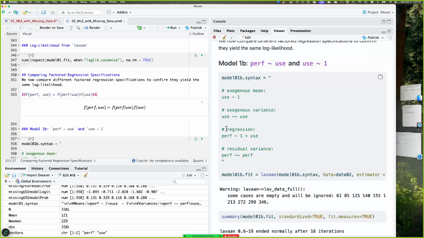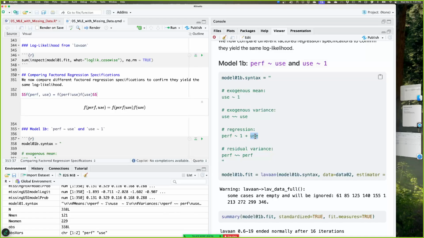Next, we need to specify the regression, the conditional distribution of performance given usefulness. And we do that within R-like syntax. Performance tilde 1 plus usefulness. This basically says we're predicting performance. There will be an intercept and a slope for usefulness. That slope takes the place of the covariance.